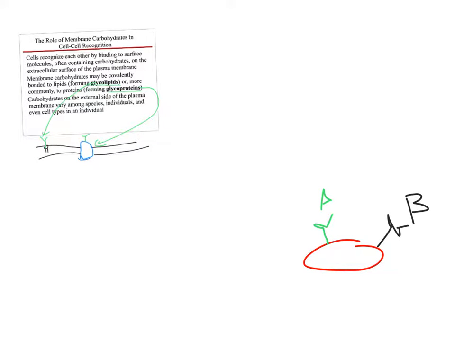So the carbohydrates dictate what your cells are. We know that AB is different than O. Here's O, they don't have any.